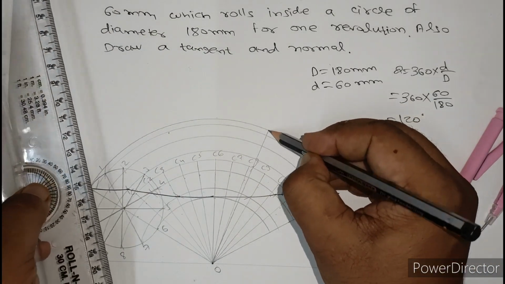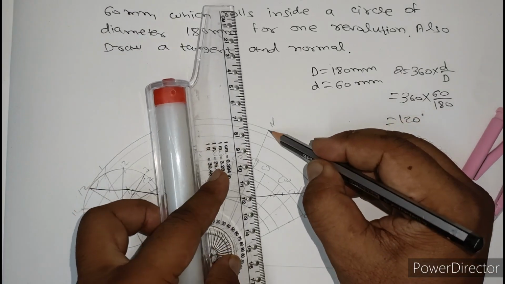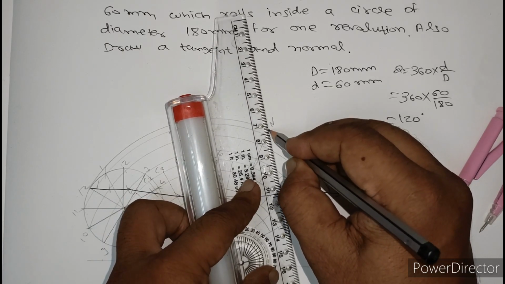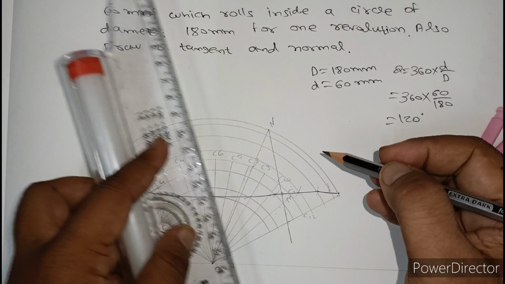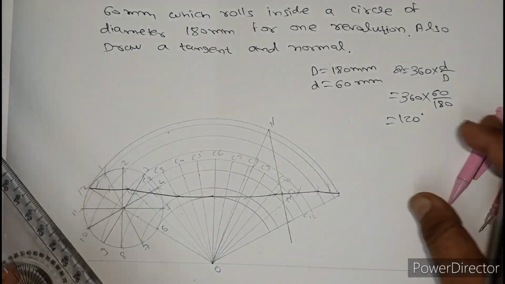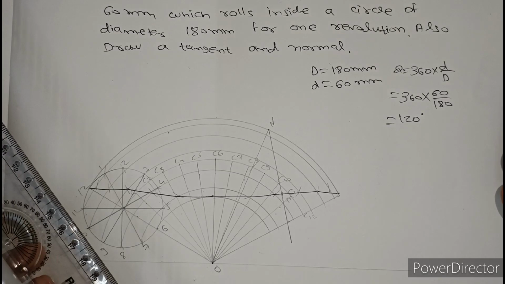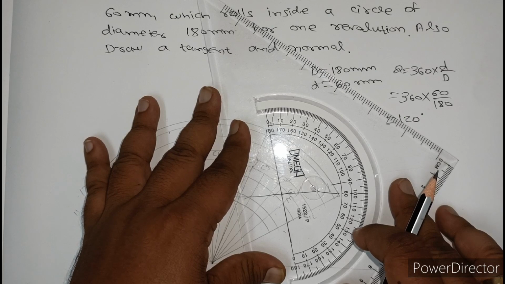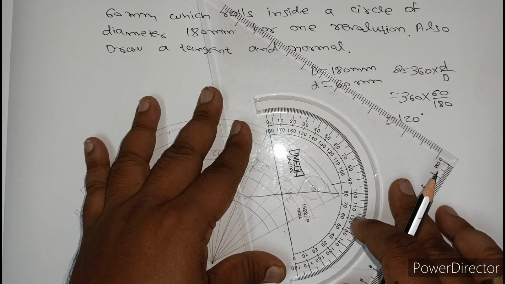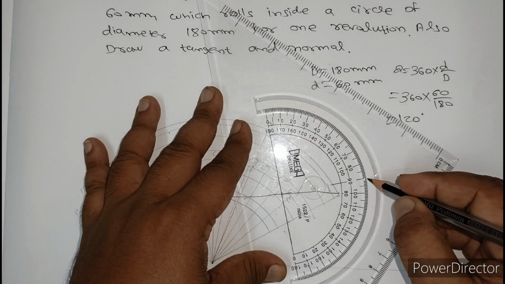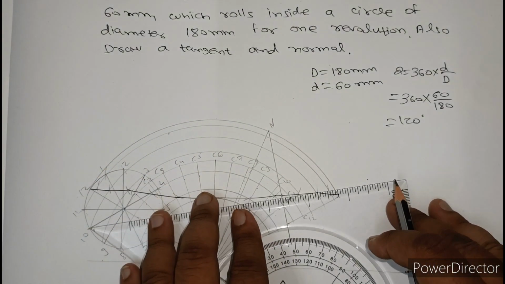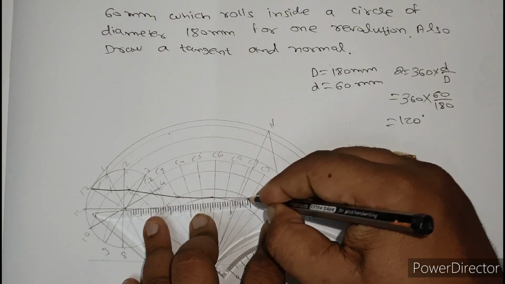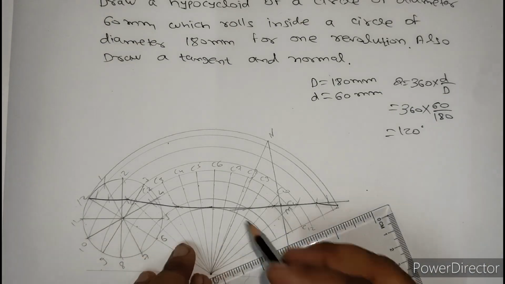Okay, now suppose this is N and this is M, so it's a normal. Okay students, now if you want to draw the tangent, you have to take 90 degrees from the point M. Okay, so this is the tangent.